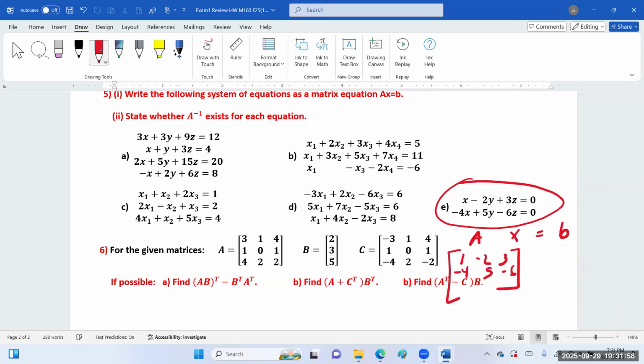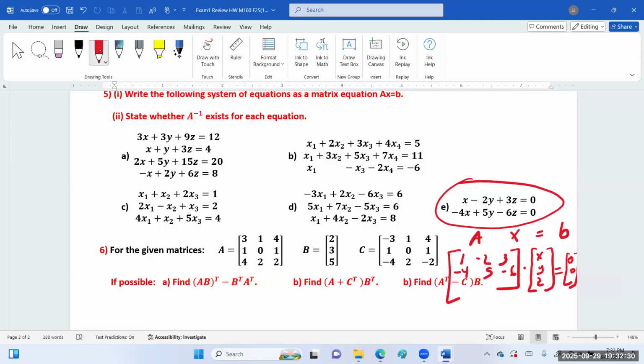So this is our A matrix. And now for the X matrix, column-wise or row-wise? Column-wise, X, Y, Z. And then lastly, our B matrix. Column-wise or row-wise? Column-wise. So, the B matrix and the X matrix will always be column matrices. A will have different shape, different dimension.